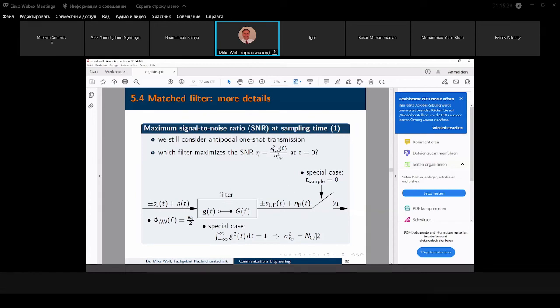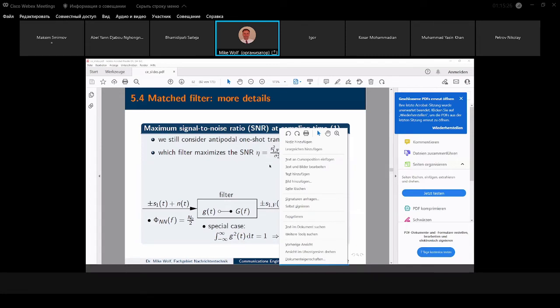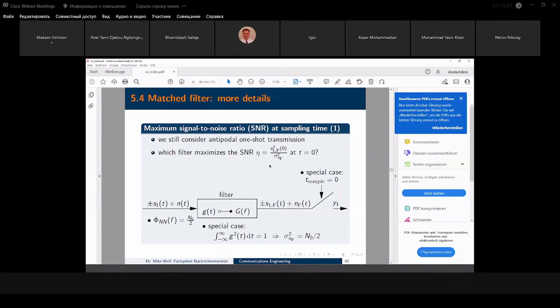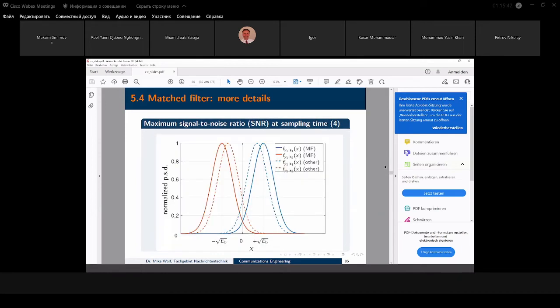So what we basically do, I basically show the result to you, is the following. If we take a look at the picture, this is if we use this matched filter, with these continuous density functions.